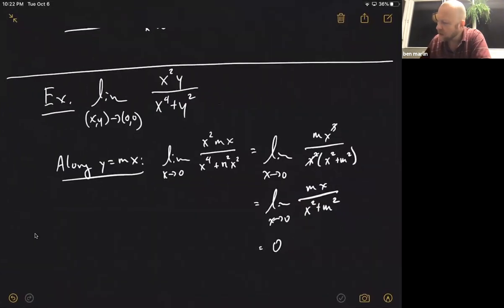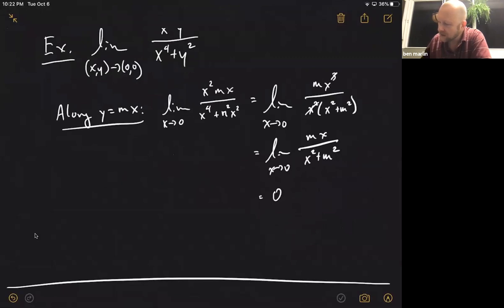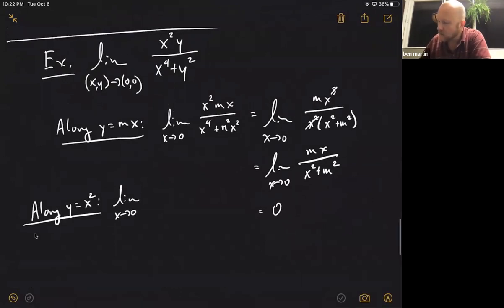So if we go back here and say along y equals x squared and substitute that in, we get the limit, x is still going to 0. Now we're going to replace y with x squared.